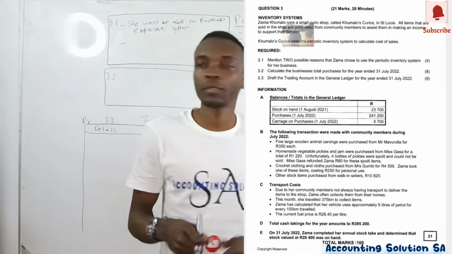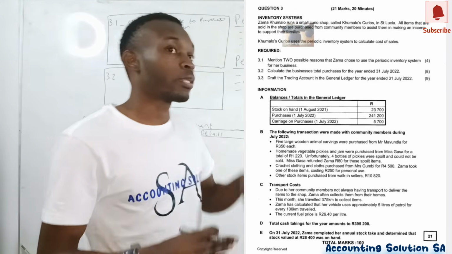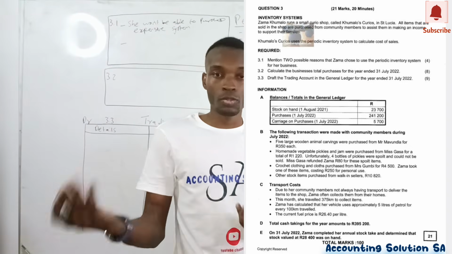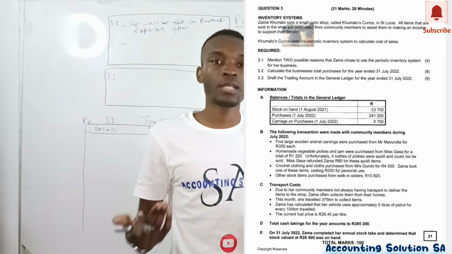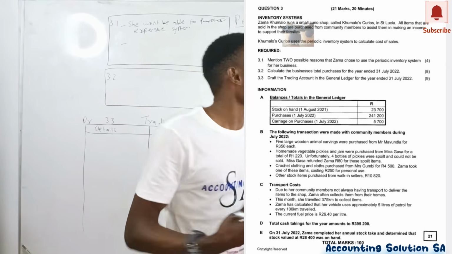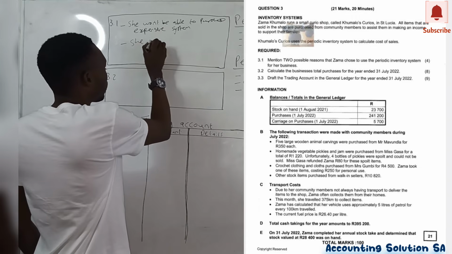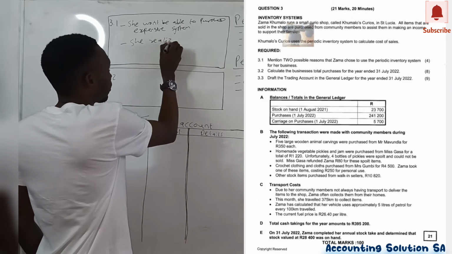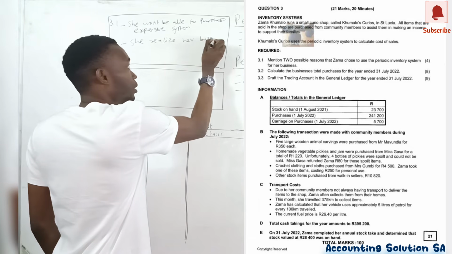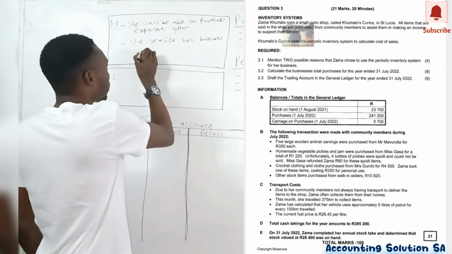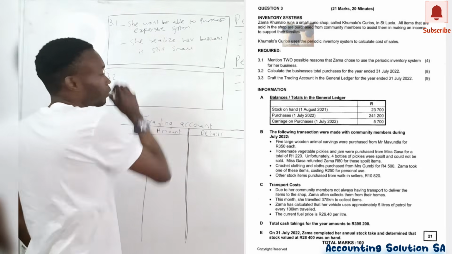Another reason why she also chose a periodic inventory system is because she noticed that the business that she is running is still small. She realized that her business is still small.